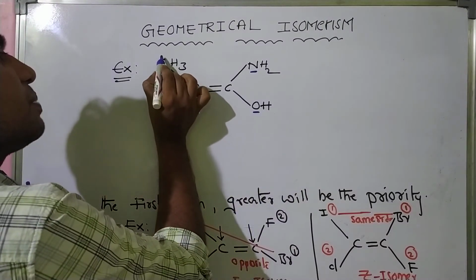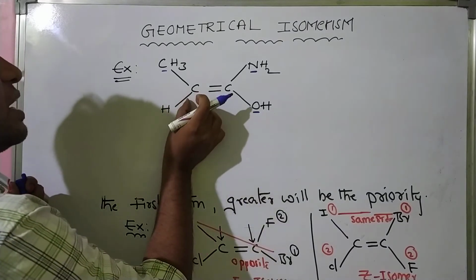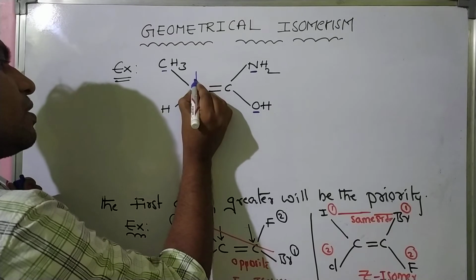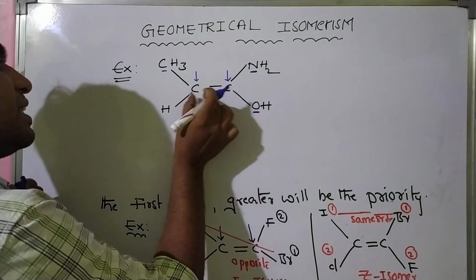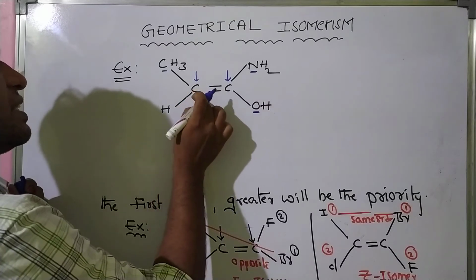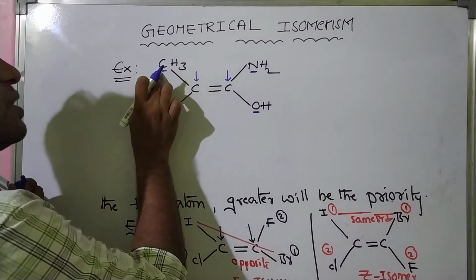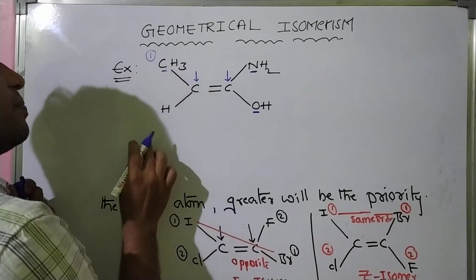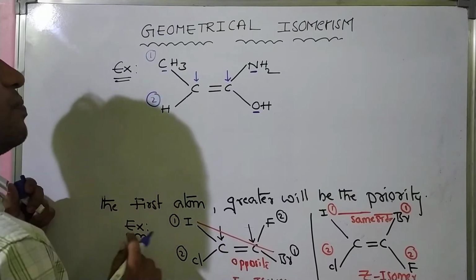Here the first atom is carbon. First of all, give the priorities to these two groups. This is carbon number 1. This is carbon number 2, means restricted sites. Now carbon has more atomic number, so it gets first priority. Automatically this is the second priority group.